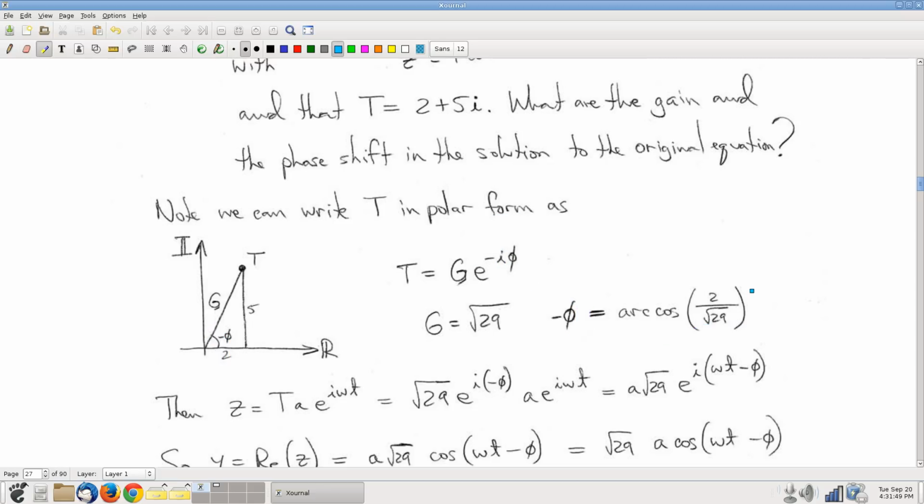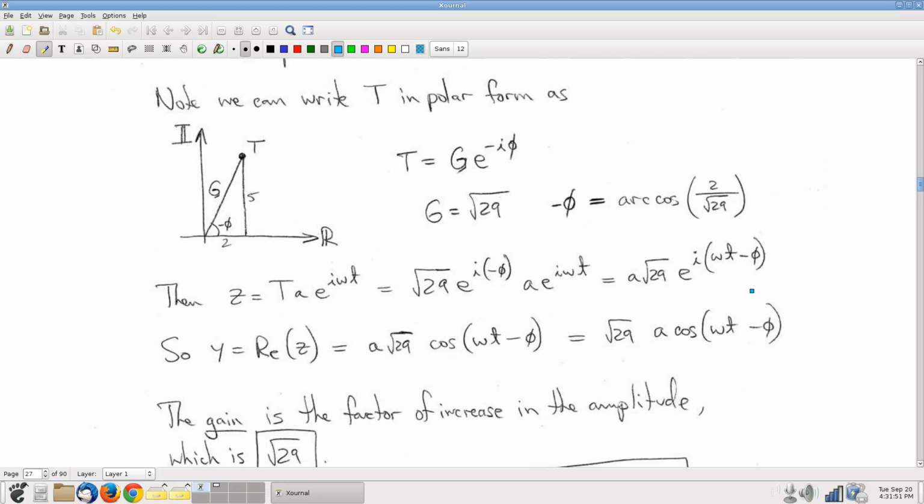All right, well, now just like the algebra on the previous page, if you take this t and plug in to our, this is our solution, keep in mind, and a little bit of algebra and go through and see what you get, then this is your complex valued solution. Keep in mind the solution that we're interested in is the real portion of that, and you see that there's that square root of 29, that is the gain. Right?